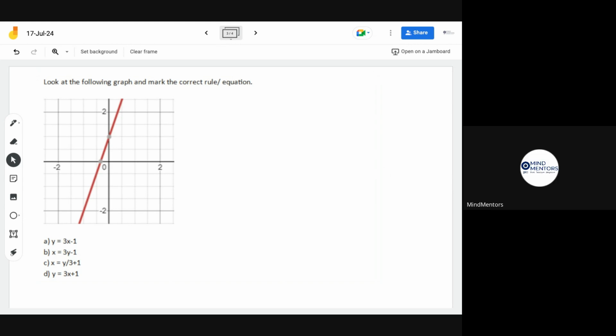What do you mean above the origin? Or the y-intercept is above the origin, is that what you're saying? Yeah, the point 0, 1. Do you guys agree with that logic? Aaron, you gonna put that? Not entirely.